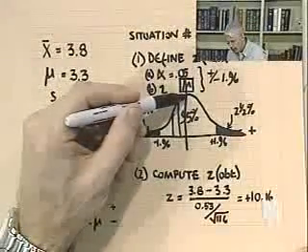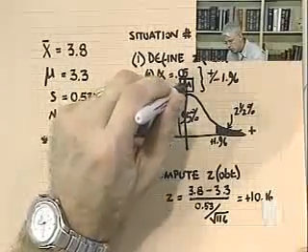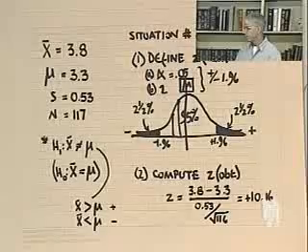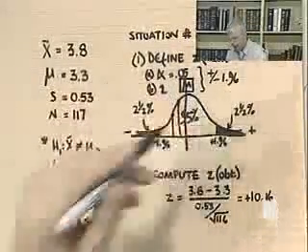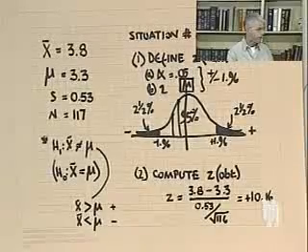And the curve is highest here at the peak because there are more mu scores than A scores or B scores. So the height of this curve measures the frequency with which scores occur.